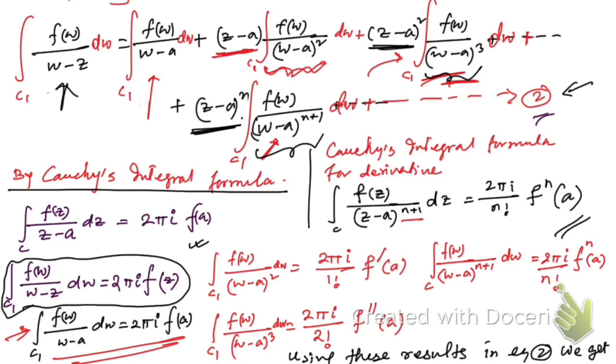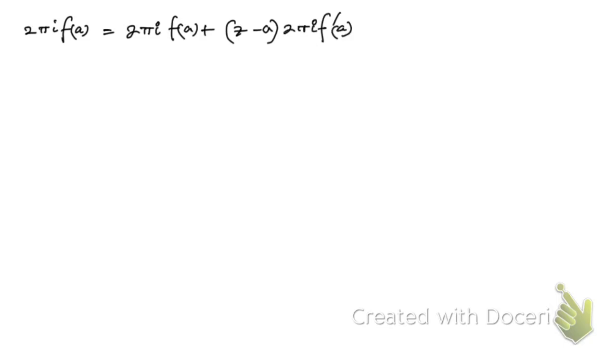Let me go to the next slide. So here we're going to have 2 pi I f of a plus z minus a times 2 pi I f dash of a, just wait here, okay, 2 pi I times the first order derivative of f at the point a.